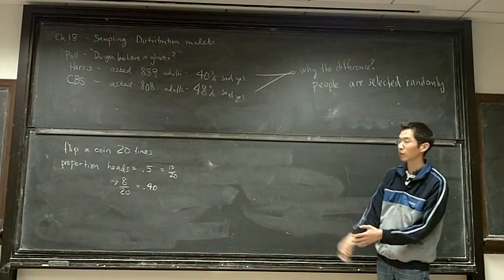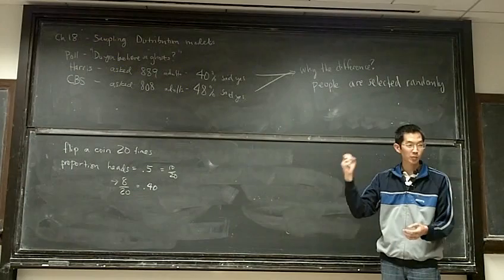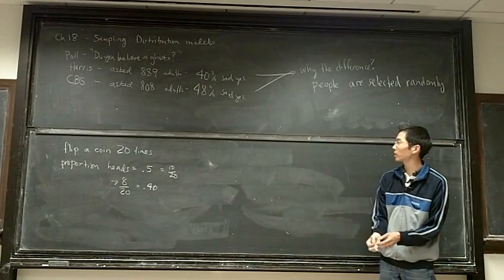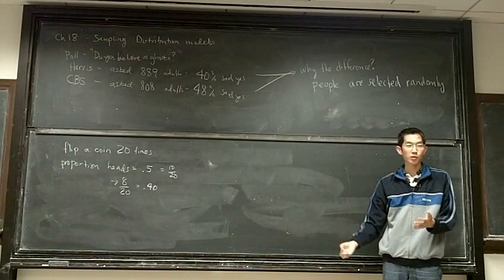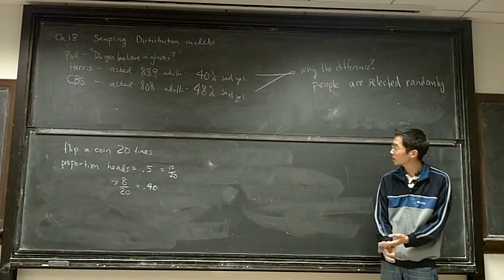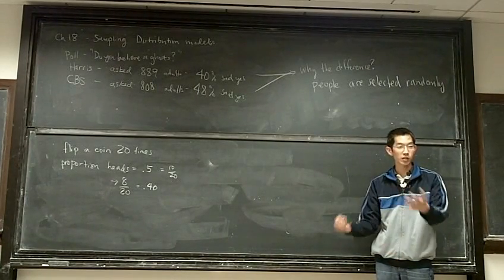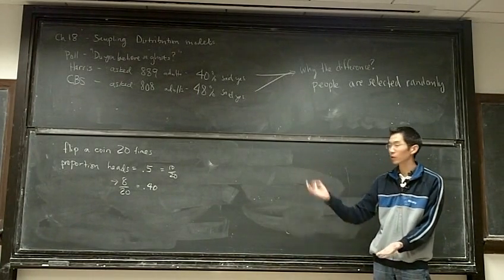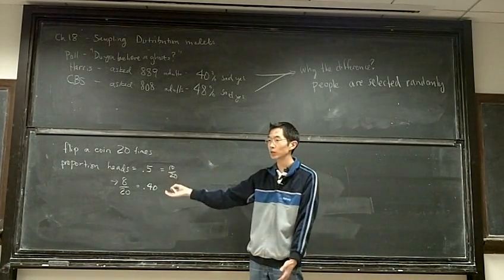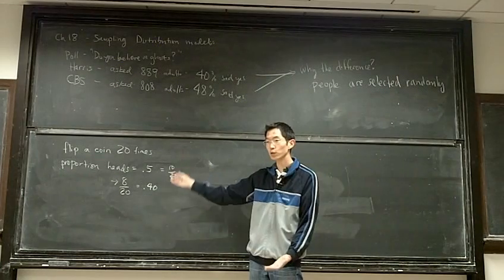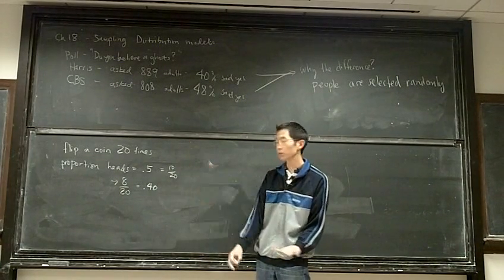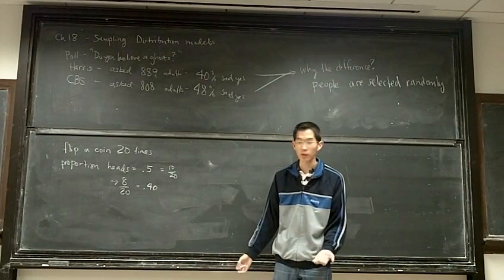And just by the random nature of selecting people randomly, Harris might have randomly selected people where fewer of them said yes, and CBS might have randomly selected a group where more of them said yes. Just like some of you might flip the coin and get fewer heads, others will get an equal number, and some will get even more.